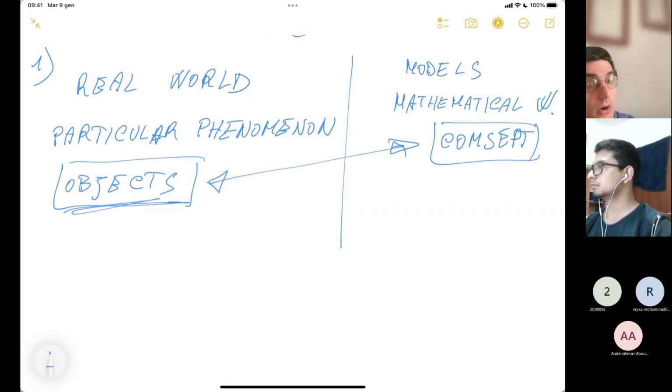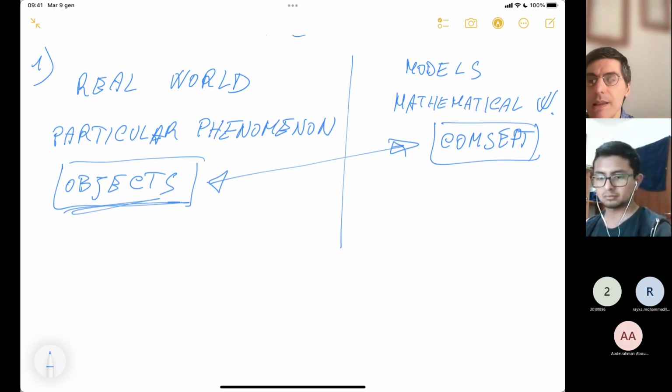So you can talk about plates, shells, or beams, which are 2D or 1D mathematical entities, which are able to describe objects with a particular shape.